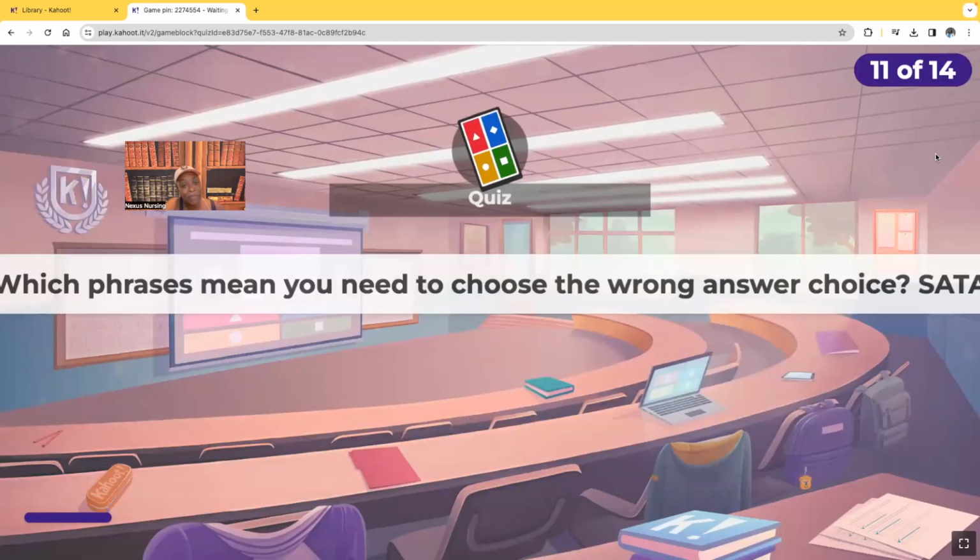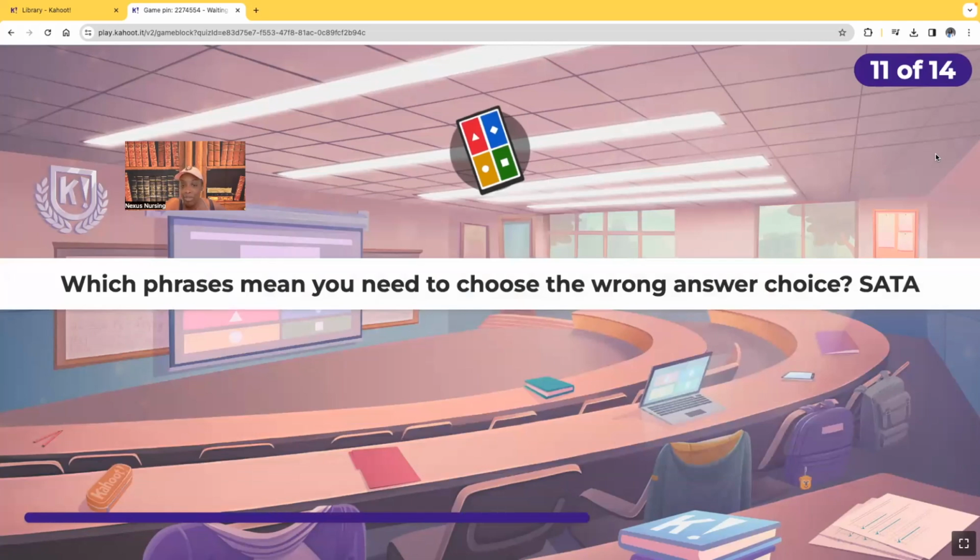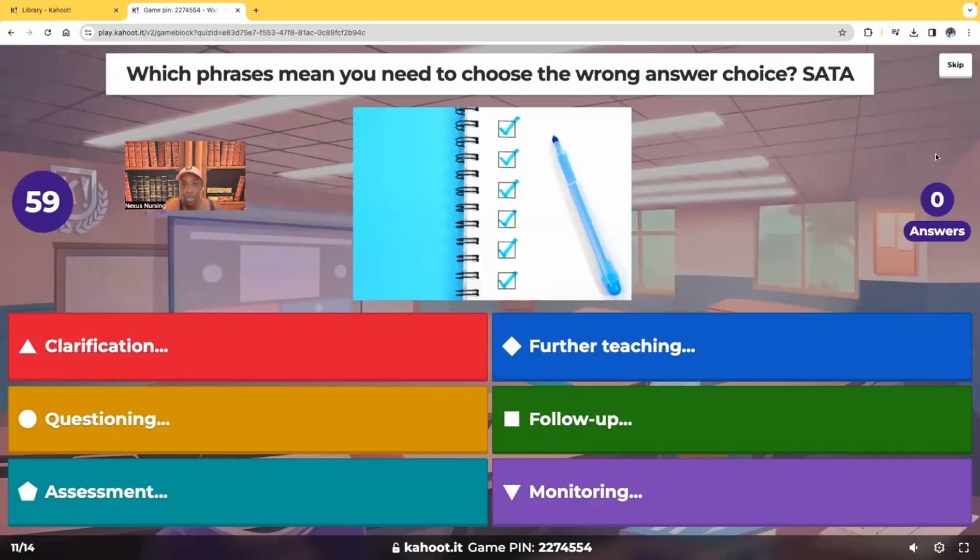Select all that apply. Which phrases mean you need to choose the wrong answer choice? So in the question, what will they say that lets you know you're looking for the wrong answer choice instead of the right answer choice? Here are your options. Patient needs clarification. They need further teaching.